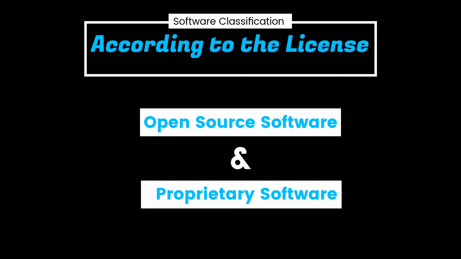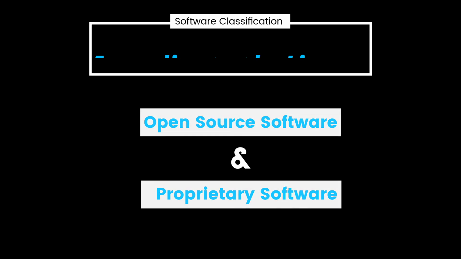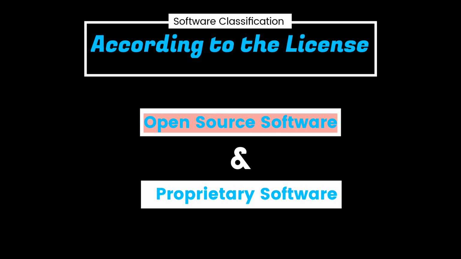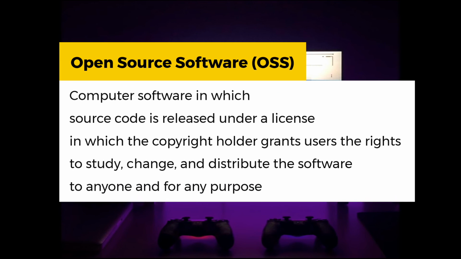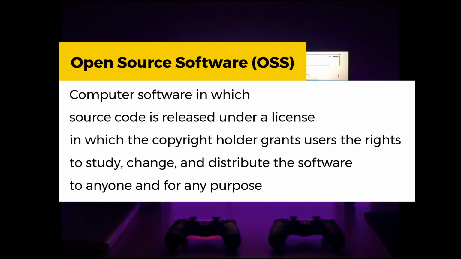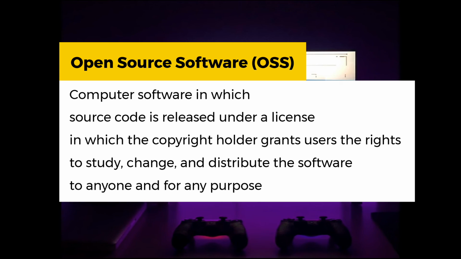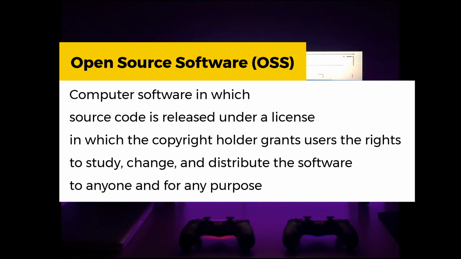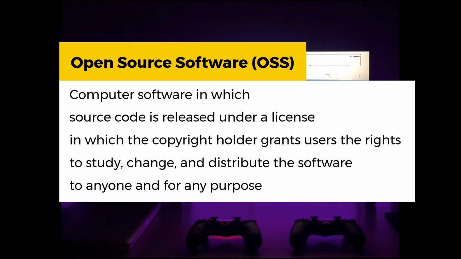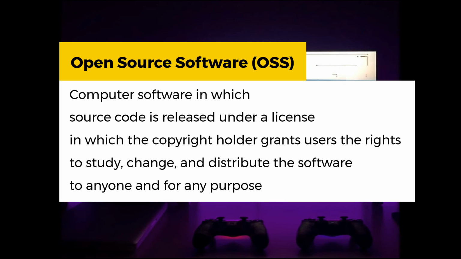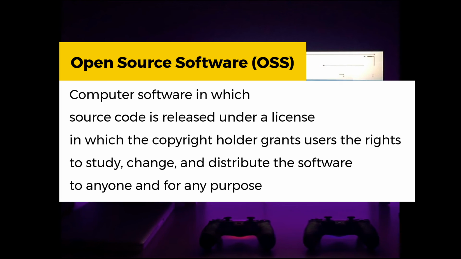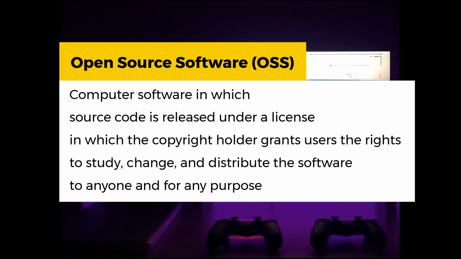Software can be categorized as open source software and proprietary software according to the license. Let's learn the first category, open source software. Computer software in which source code is released under a license in which the copyright holder grants users the rights to study, change, and distribute the software to anyone and for any purpose is known as open source software.